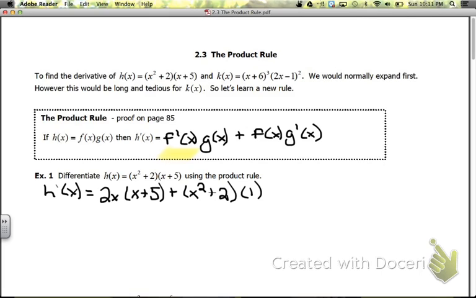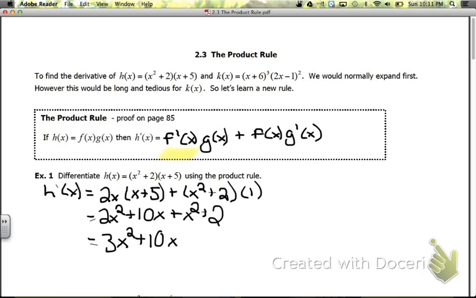And then from there what we can do is expand and simplify. So we have 2x squared plus 10x plus x squared plus 2. Collect our like terms, and we're left with 3x squared plus 10x plus 2.